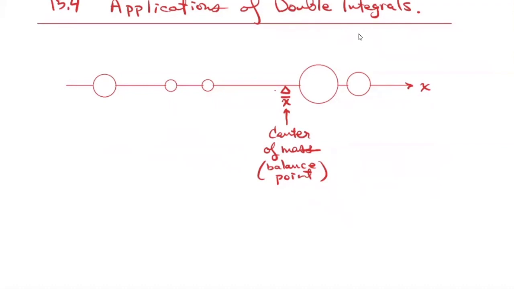Let's see here. These all are going to have positions. So let's give little positions x1, x2, and so on. So these are objects at these positions, and then they all have mass.